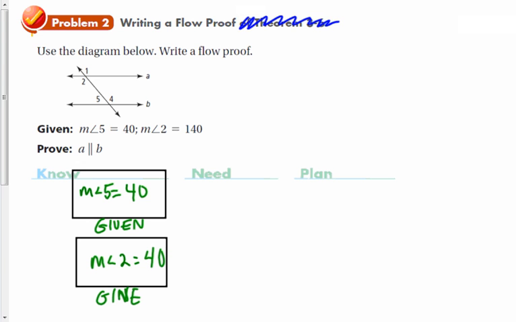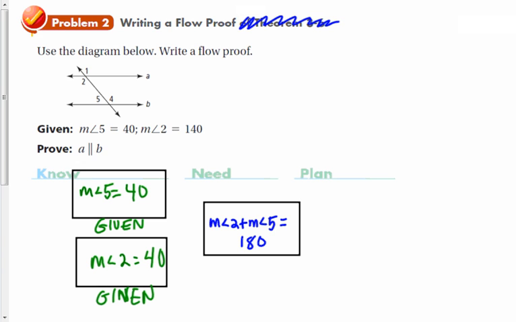And now I'm going to bring those two things together to form the idea that if those two things are true, then we can say that the measure of angle 2 plus the measure of angle 5 is equal to 180. And that's just substitution. So we're adding the two angles together, and they're equal to, oops, I wrote this wrong, I need 140 there. And that's substitution, so we'll write that rule on it.